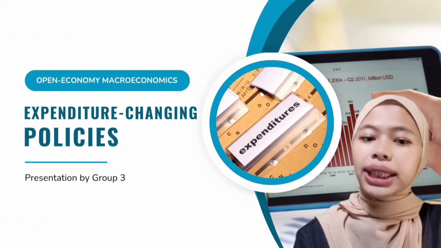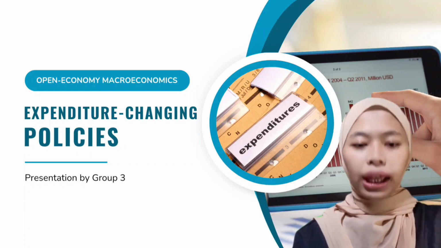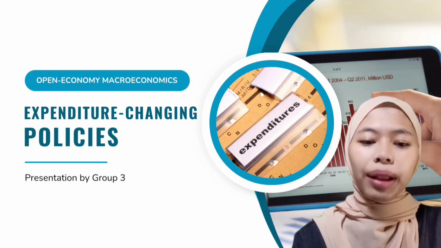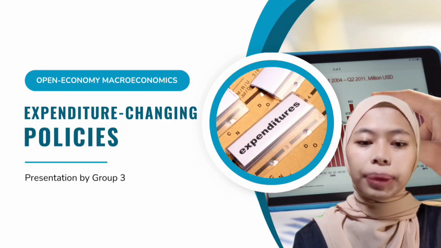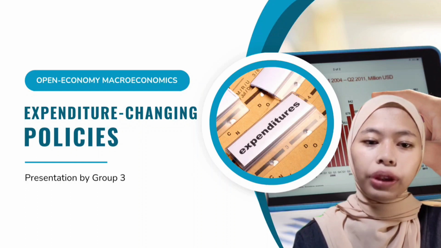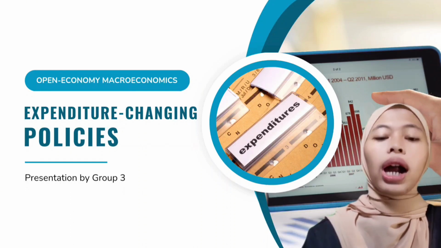Open-Economy Macroeconomics and Expenditure-Changing Policy. In the realm of Open-Economy Macroeconomics, internal balance refers to achieving full employment, while external balance pertains to the equilibrium of the balance of payments, where autonomous inflow and outflow are equal.